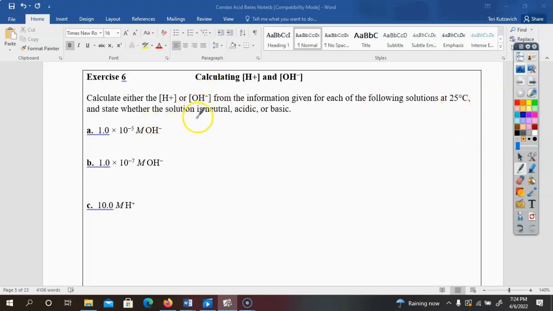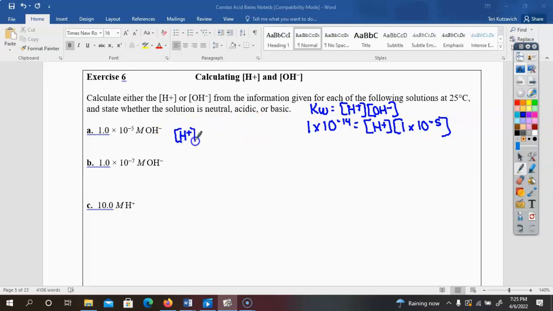It's at 25 degrees Celsius, so we know Kw equals H plus times OH negative, so 1 times 10 to the negative 14th equals your H plus times OH negative. Let's do the first one. Let's substitute in our OH negative. This one, your H plus, came out to be 1 times 10 to the negative 9th.